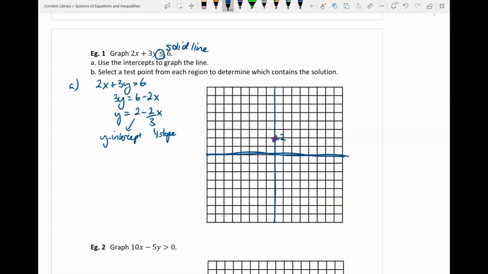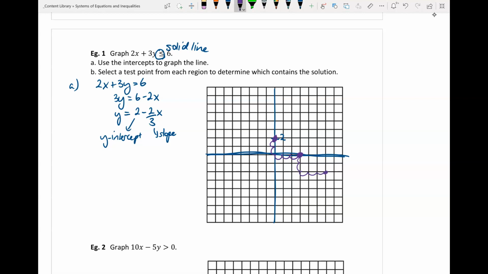And then I need to find other points. So if my slope is negative 2 over 3, that means I'm going down 2 and then over 3. 1, 2, down 2, over 1, 2, 3. So this is my next point. I'm going to continue this pattern so I can find another point. So down 2, over 3 is another point.